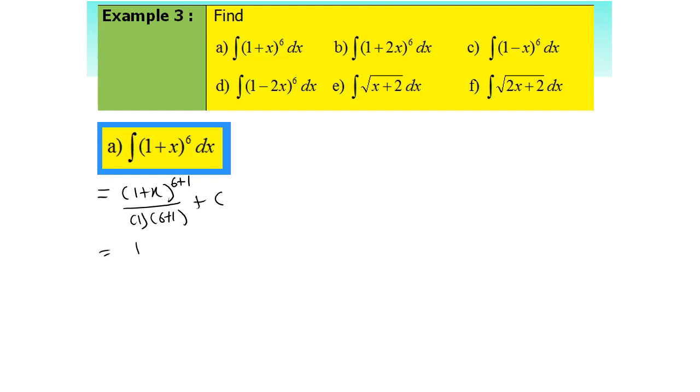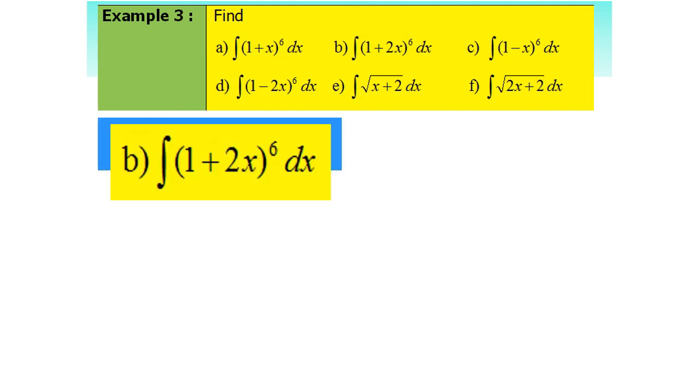So here will be (1 plus x) to the power of 6 plus 1, 7, 7 times 1, also 7, plus c. Simple.